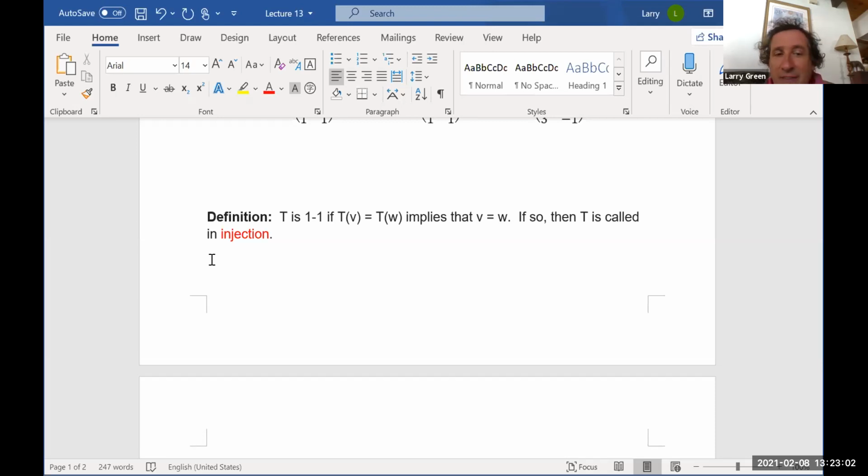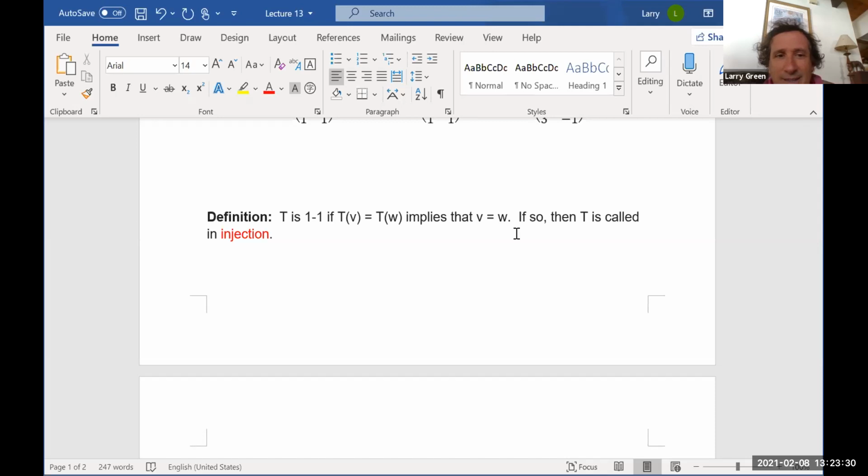So here's a definition. All these definitions are ones you've already had, in whatever grade you had intermediate algebra the first time. If T is a linear transformation and it's a one-to-one linear transformation, then T(v) = T(w) implies that v = w. Do you remember that from functions?